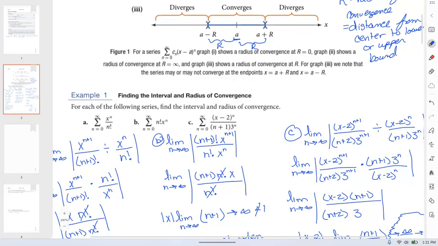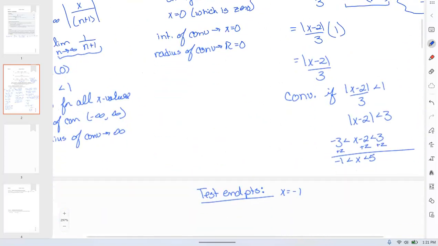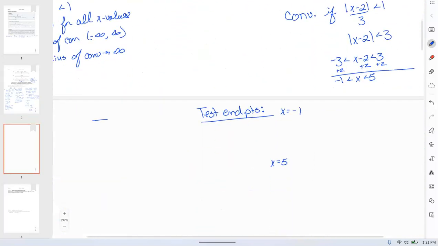That series was the sum from n equals 0 to infinity of (x minus 2) to the n over (n plus 1) times 3 to the n. So I'm going to rewrite that series over here.